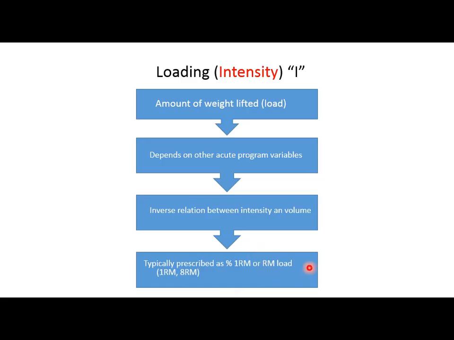The other common way that you see intensity expressed within resistance training programs is the RM load. So in this example, you're bench pressing 100 pounds. So the 1 RM load is 100 pounds. Well, what if you wanted to do a load that corresponded to your 8 repetition maximum? And that would usually be about 80% of the 1 RM.